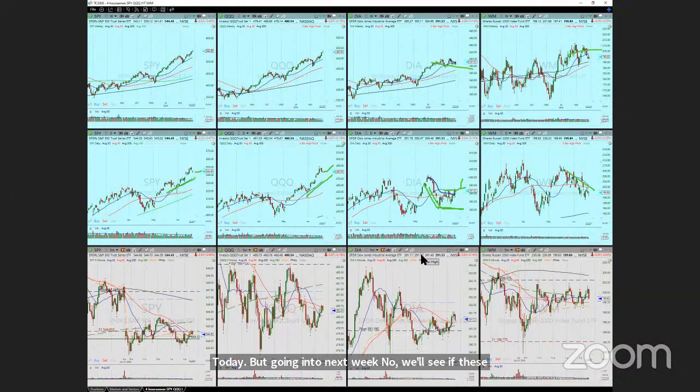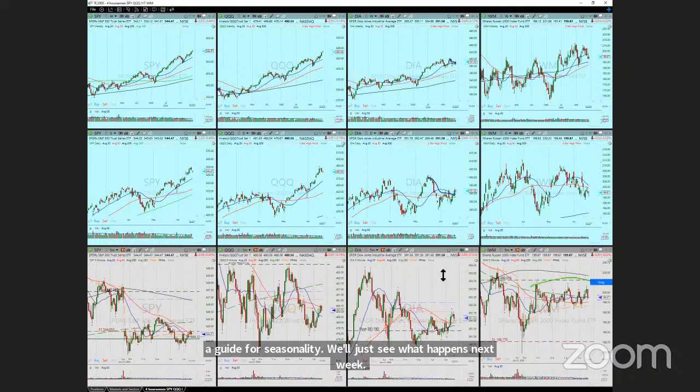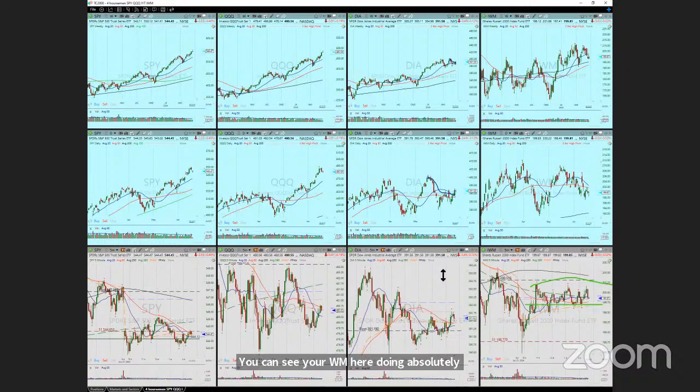Coming into the end of the month, beginning of the month, there's a bullish period because of the capital inflows. And sometimes that works out pretty good as a guide for seasonality. But we'll just see what happens next week. Yeah, you can see your IWM here doing absolutely nothing.